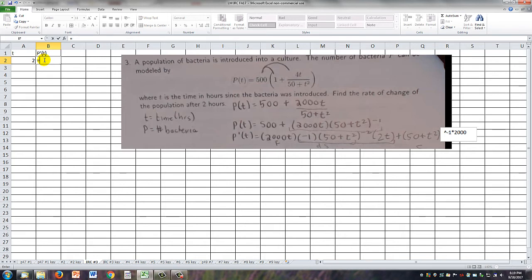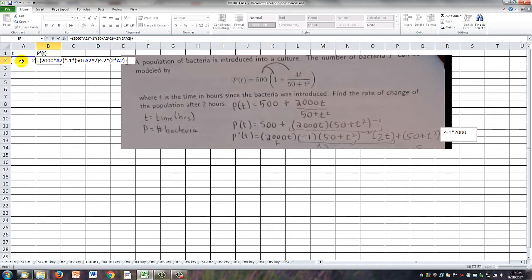So that's equals parentheses 2000 times 2, close parentheses, times negative 1 times parentheses 50 plus 2 squared, caret negative 2, times 2 times 2.